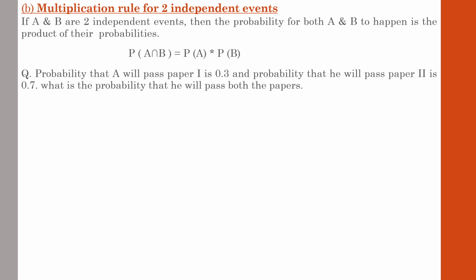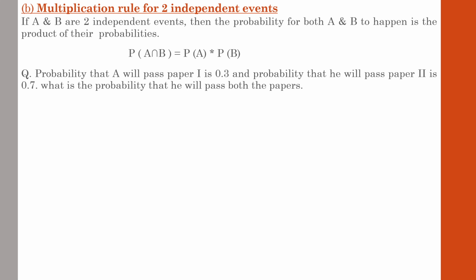The result might come. What is the result? Whether it is a pass situation or a fail situation, that is the event we have to study. So it is a situation of independence. That is, independence or dependence actually comes under the multiplication situation. So whether the events are independent or dependent, how are you going to identify? Independent means both events are not related to each other. The result of the first event and the result of the second event have no relation.